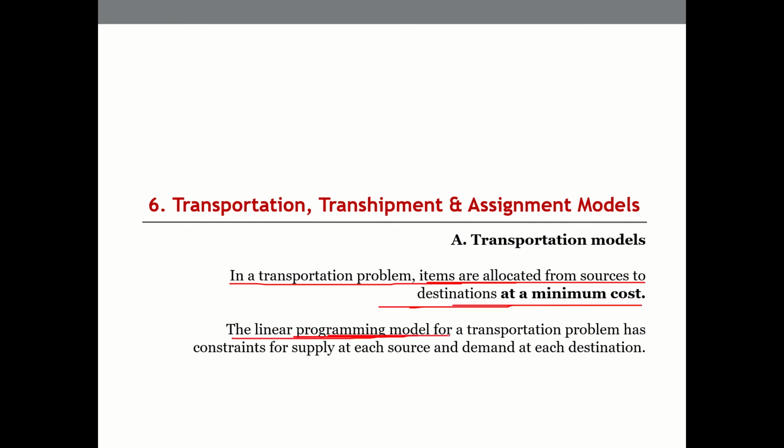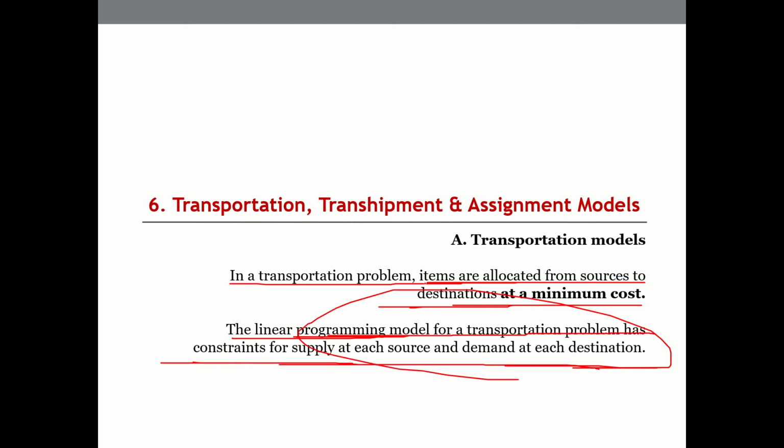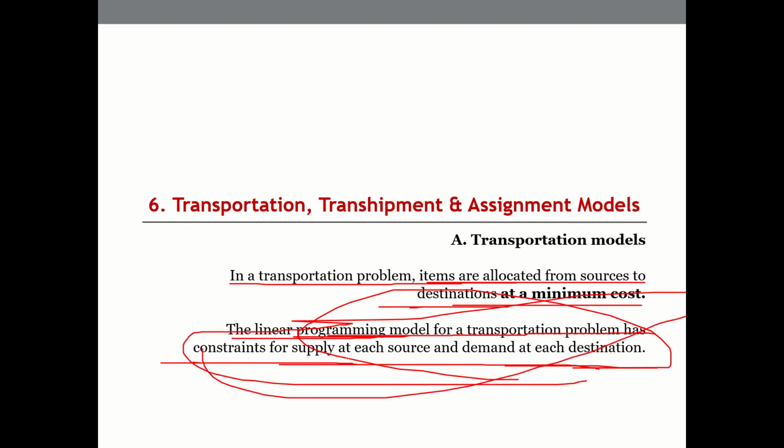The linear programming model of a transport problem has constraints of supply at each source and demand at each destination. How do we understand this through linear programming? There are constraints called supply and demand, right? For supply, there may be a restriction on how much you can manufacture.